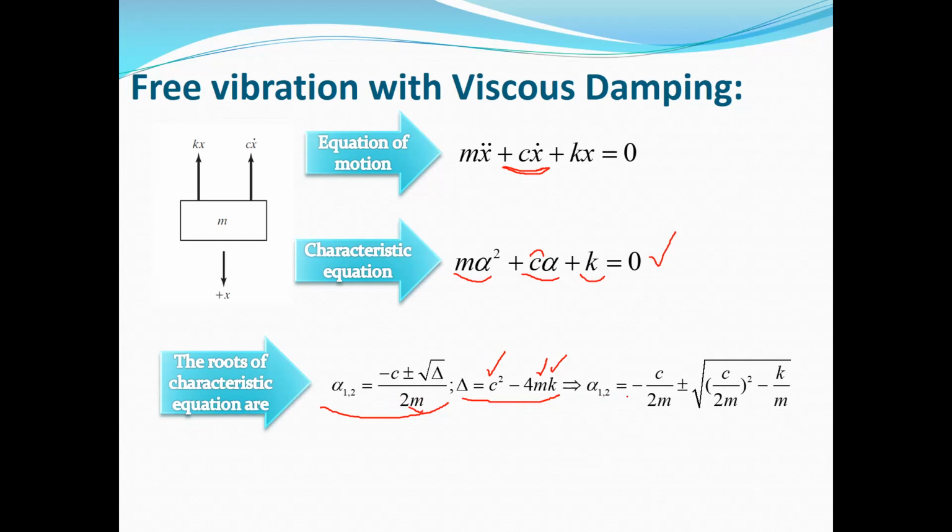So alpha 1 and alpha 2 can be written in this form: minus c divided by 2m plus minus square root of (c divided by 2m) squared minus k divided by m.